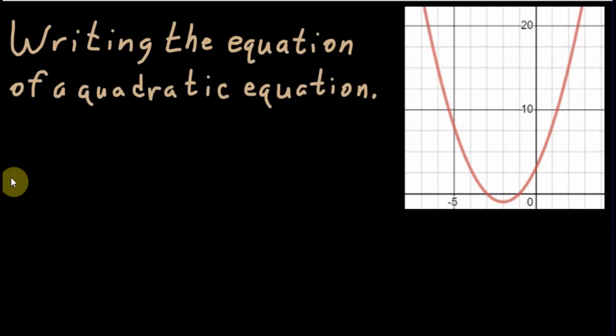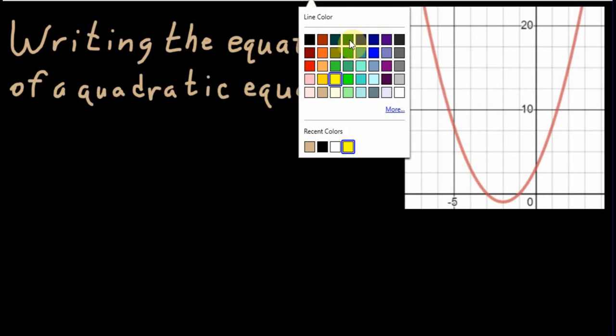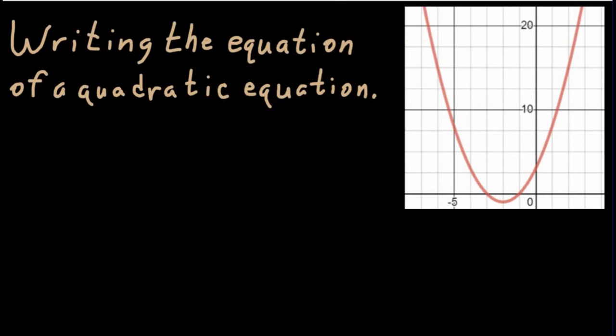All right, moving along. Now we want to write equations of these. So first thing is, where does this hit the x-axis? Looks like it hits right here. 1, 2, 3, -3, and over here hits at -1.